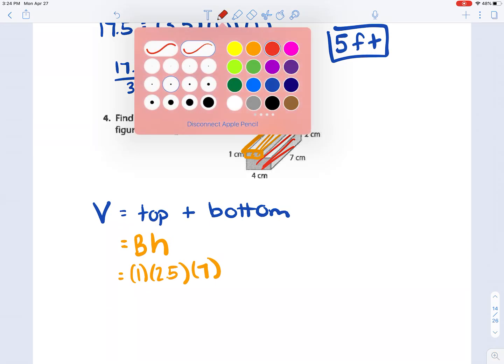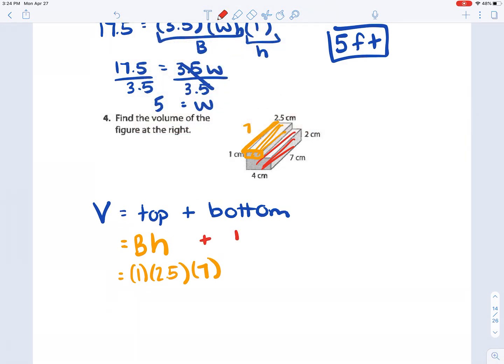Therefore, my height is 7. Now let's go to the red. I need the area of the base times the height of the prism. If this is the base of my step, I see it's 4 by 2. The height goes from one base to the other, which is again 7.